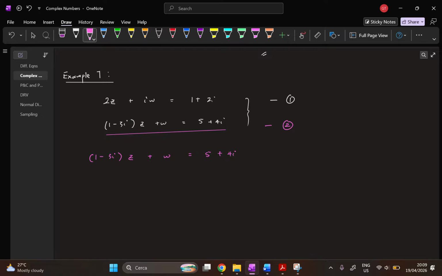So what we are supposed to do is we're going to try to express one of the unknowns in terms of the other. So obviously in this case, because w is alone, there's no coefficient, it's a lot easier to try to isolate w on one side and then express w in terms of z.